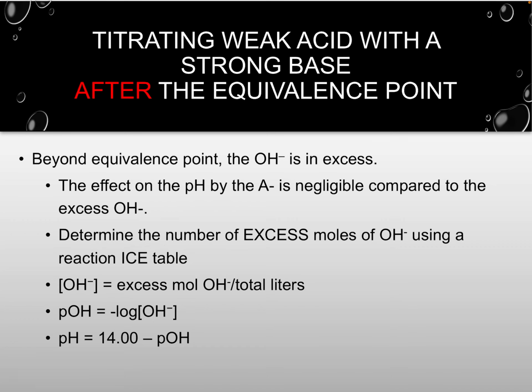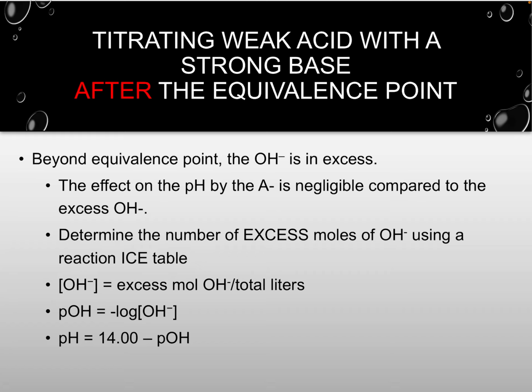After the equivalence point, our hydroxide is in excess, right? We've just added in more hydroxide past the equivalence point. And this calculation will be very similar to the calculation we've done previously because we are not going to take the weak base into account when we're calculating the pH after the equivalence point, because that weak base is not ionizing very many water molecules.